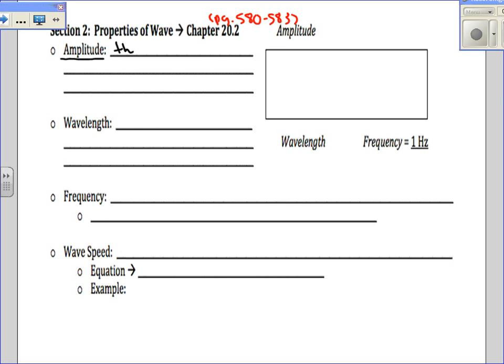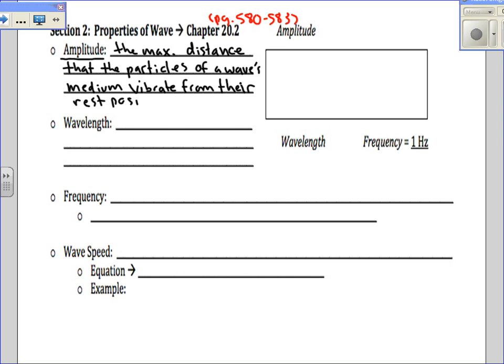So this is the max distance that the particles of a wave's medium vibrate from their rest position. So that is amplitude.